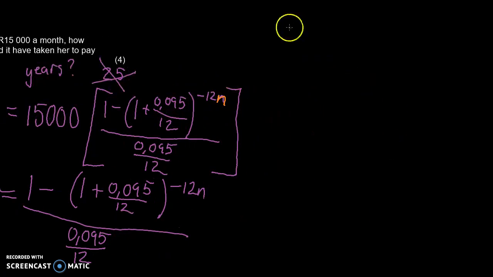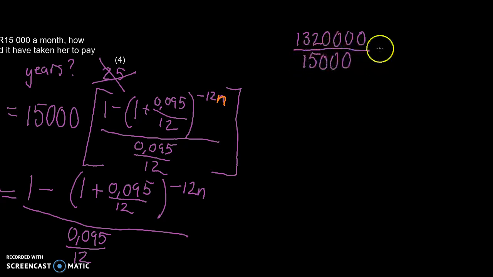Okay, so now I've got that being divided at the other side, so I'm not going to round off anything. I'm just going to carry on rewriting stuff, because the least number of times I use the calculator, the more accurate my answer will be.